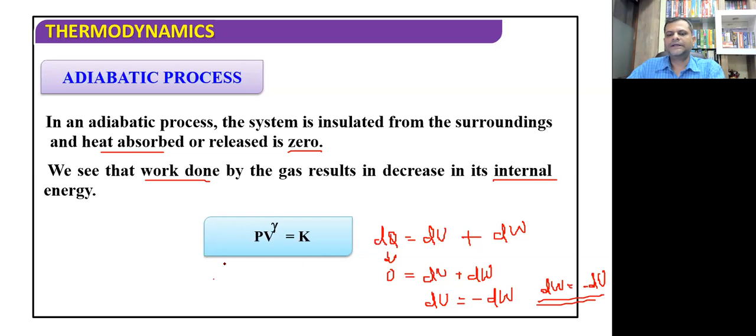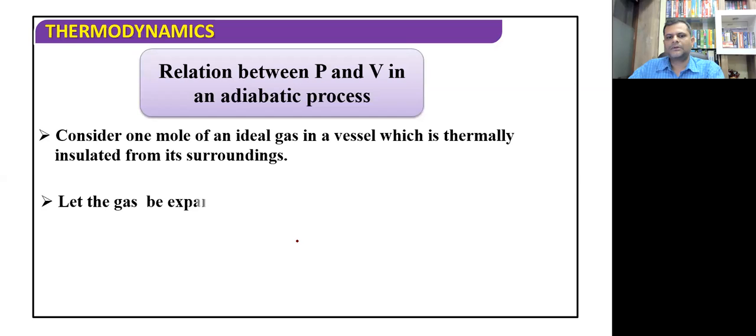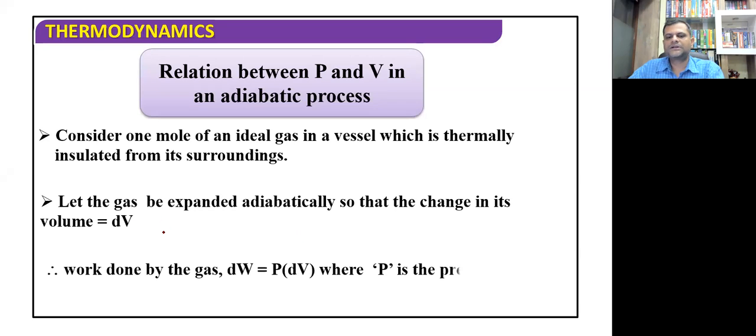And also that the pressure and volume are related to each other by using this equation here. P into V raised to gamma is always constant in case of adiabatic process. Okay, and this can also be proved in a very simple way. Consider a gas which is thermally insulated and undergoes an adiabatic process.